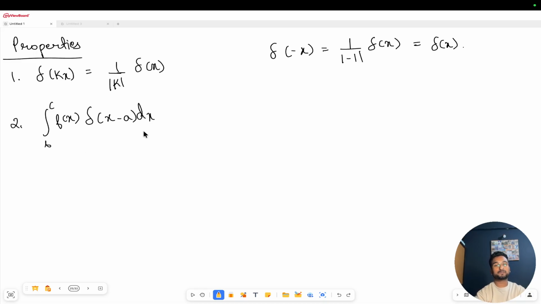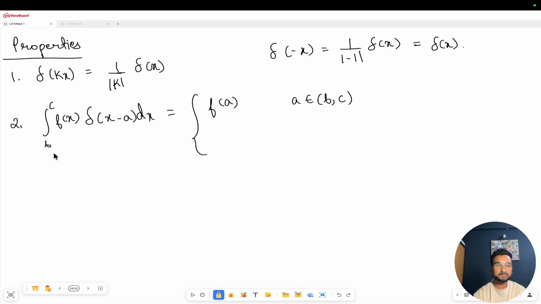What will be the value of this integration? It will be f of a, if a belongs to b comma c.